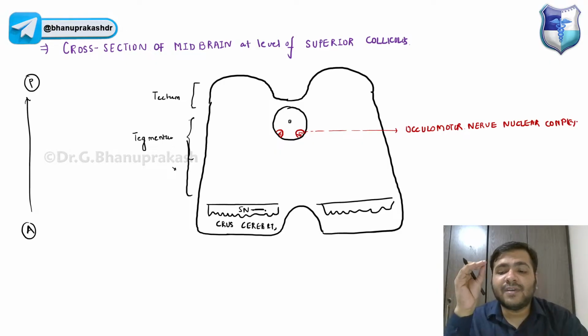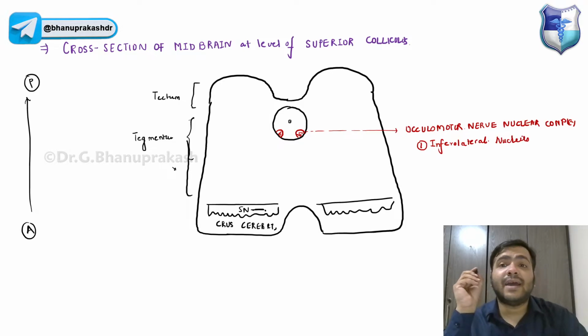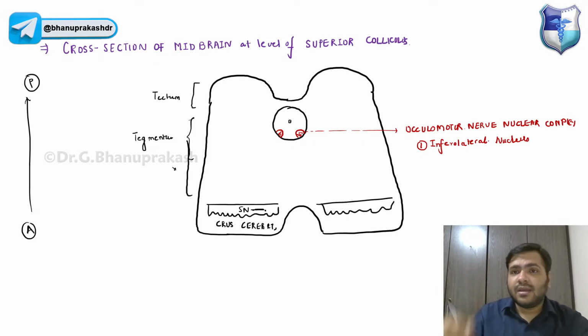It means that there are various subdivisions of this complex, various nuclei which are part of it, and you just have to mention the names over here. We have the inferolateral nucleus. When I say inferolateral nucleus, you should remember that it will supply fibers to the inferior rectus muscle. Again, we have another one called the ventromedial nucleus.